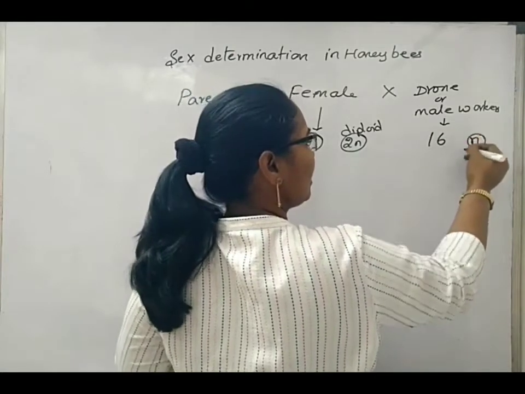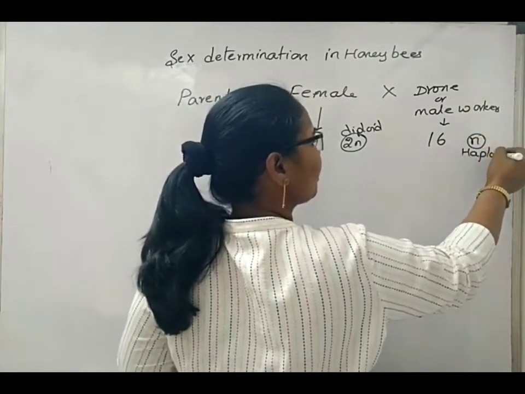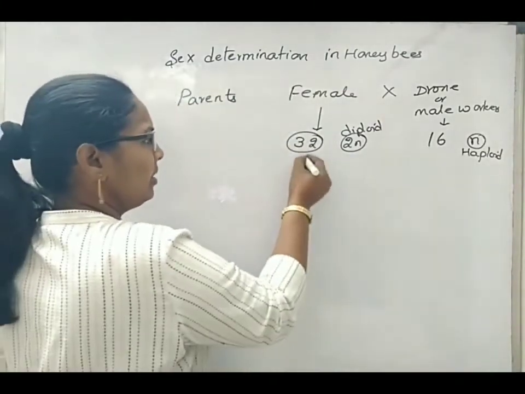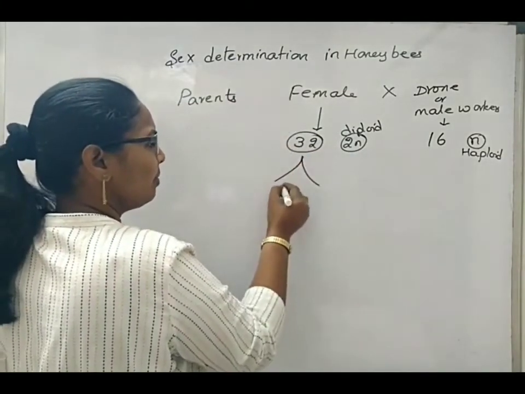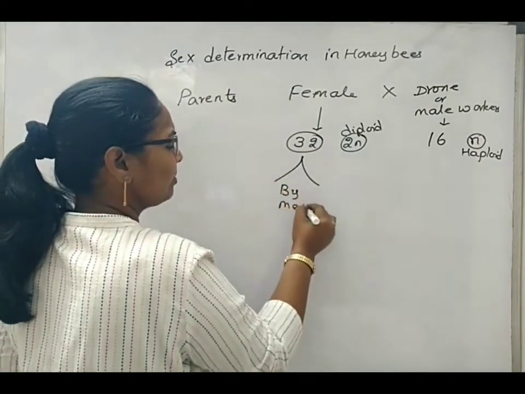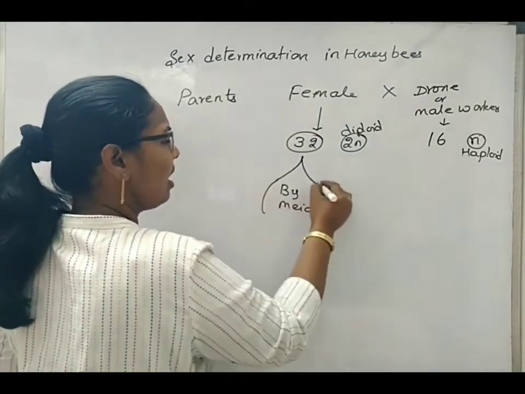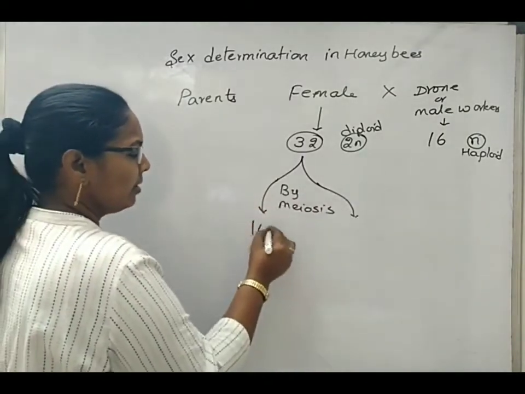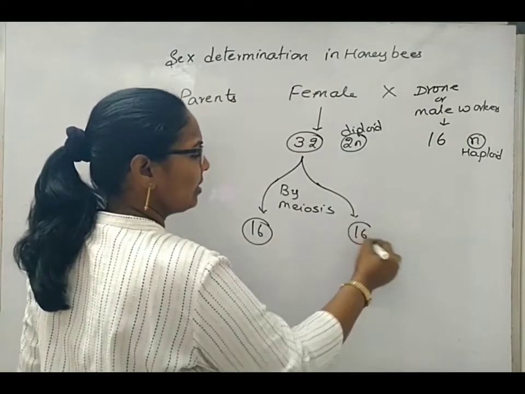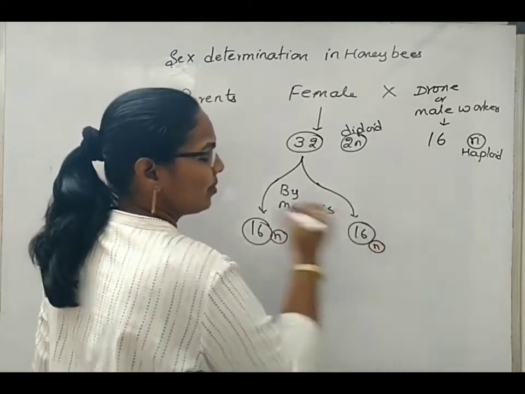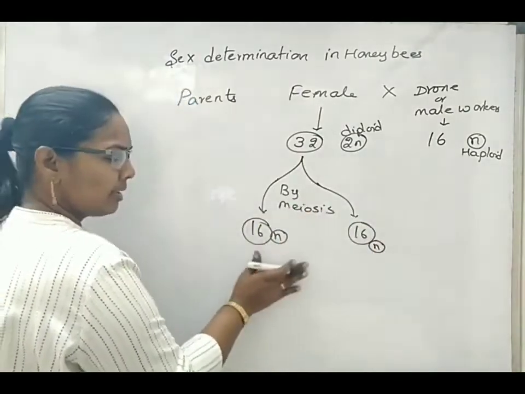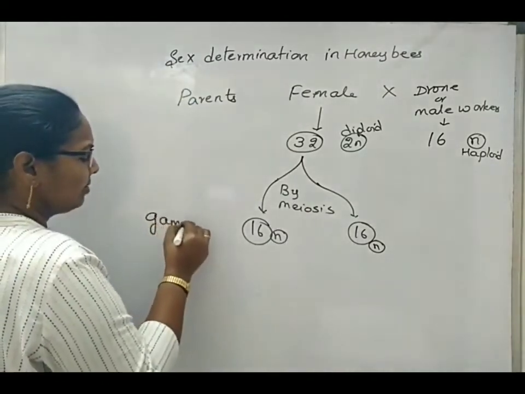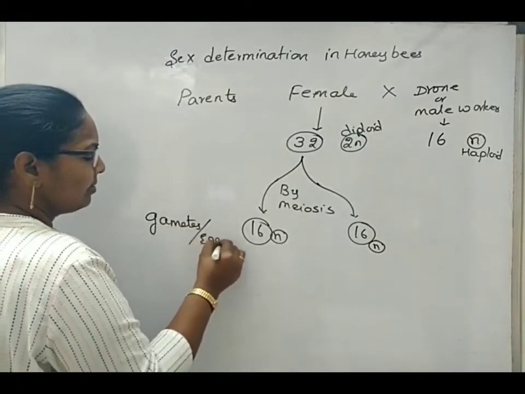It is considered as the haploid number of chromosomes. Now, this diploid number of chromosomes by meiosis gives half the number of sets of chromosomes in the offspring. So 16 and 16 means half the number of chromosomes are distributed into the gametes, or eggs.